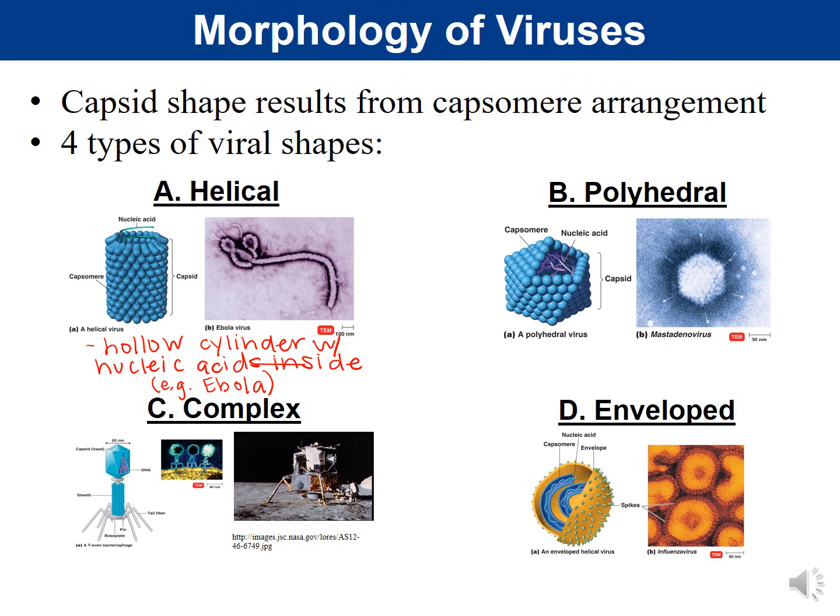If we talk about a virus being polyhedral, that means that that virus is many-sided, right? Remember that poly means many. And in this case, they're usually 20-sided, which we call an icosahedron.